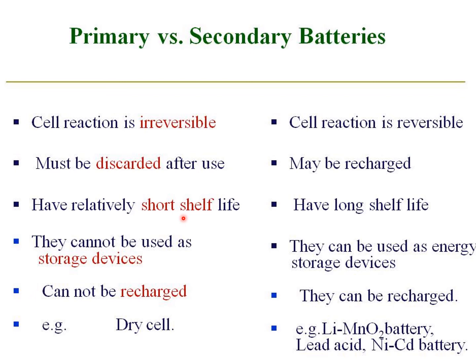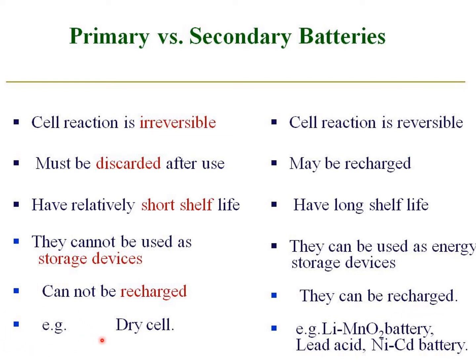Primary cells have a short life, secondary cells have a long shelf life. Primary cells cannot be used as storage devices, whereas secondary batteries can be used as energy storage devices. Primary cells cannot be recharged, secondary cells can be recharged.